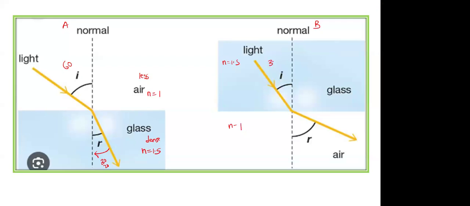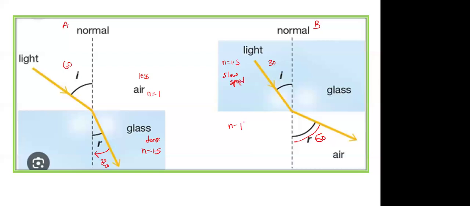So if here the angle is 30, once it enters a medium that has a small refractive index, the angle is going to be very big. Maybe it is 60 something or 70, but the angle will always be bigger than in the other medium. Because here its speed is going to be very big, while here it will move at a very slow speed.